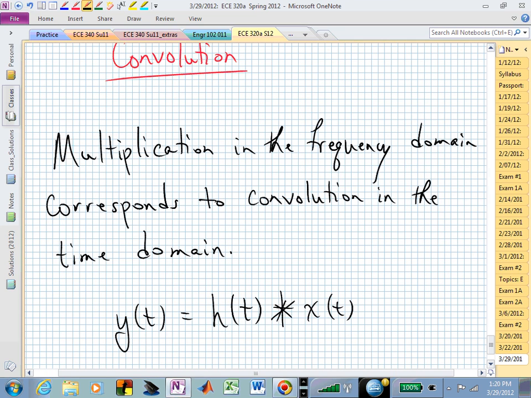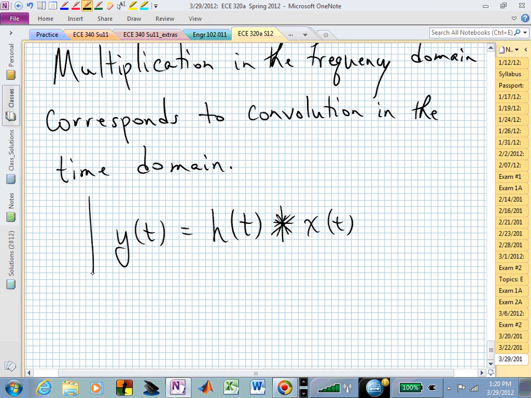So that's not h times x, that's h star x, that's h convolved with x. It'll be much prettier in your textbook, but if you see this convolution symbol, that means replace the right-hand side with that convolution integral. That's what that means.